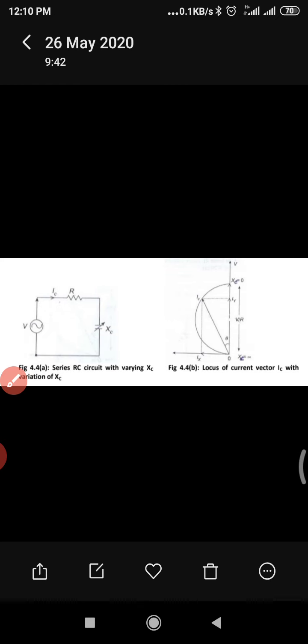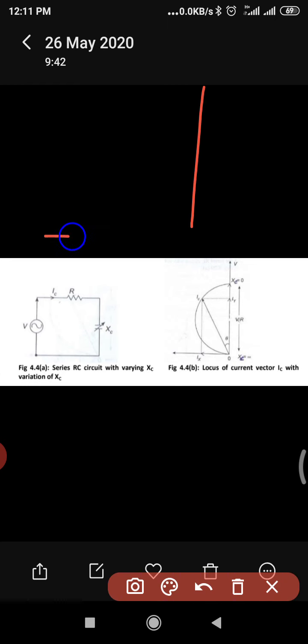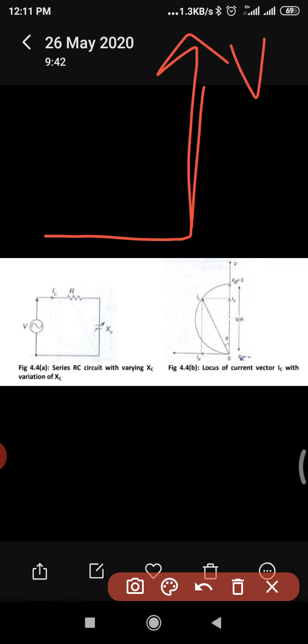Next, see the RC circuit. Here in this RC circuit, R is fixed and XC is variable. That means the XC value changes. If you consider XC equal to 0, at this situation only a pure resistive circuit exists. At that situation the current is in phase with the voltage.